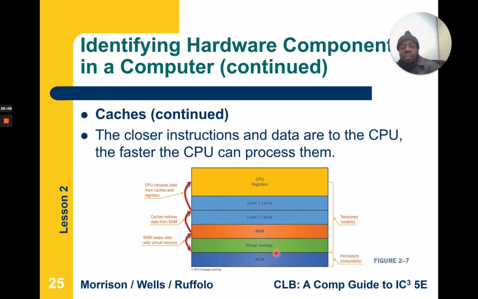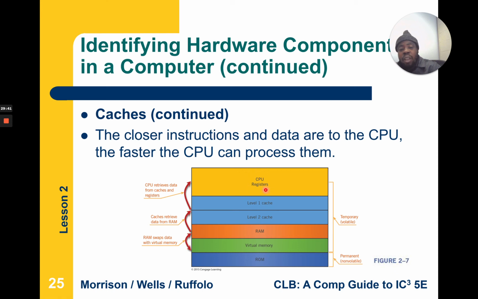Okay, let's look at what a cache is. Look at this diagram. You have the CPU registers, you have the RAM, you have the virtual memory. Now I told you earlier that RAM is almost directly connected to the CPU, but ROM is further away. So the distance from ROM to CPU is longer than the distance between RAM and CPU.